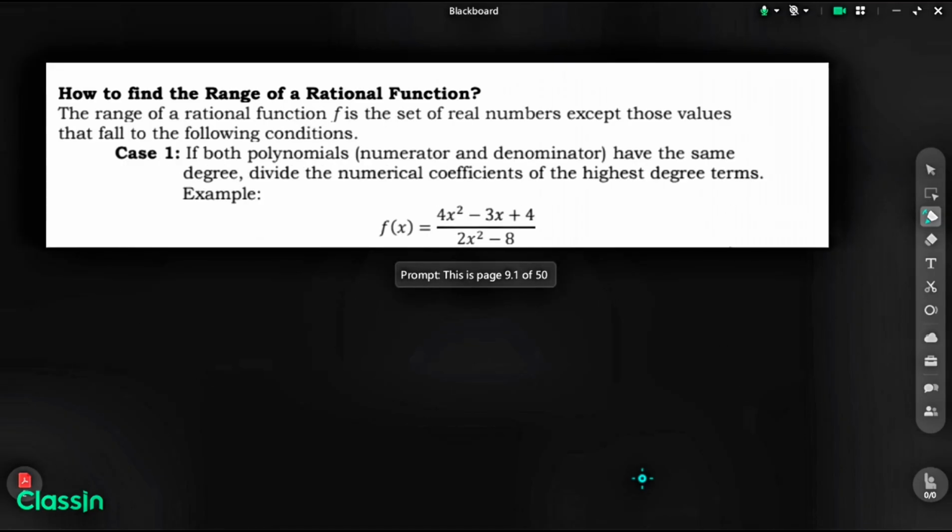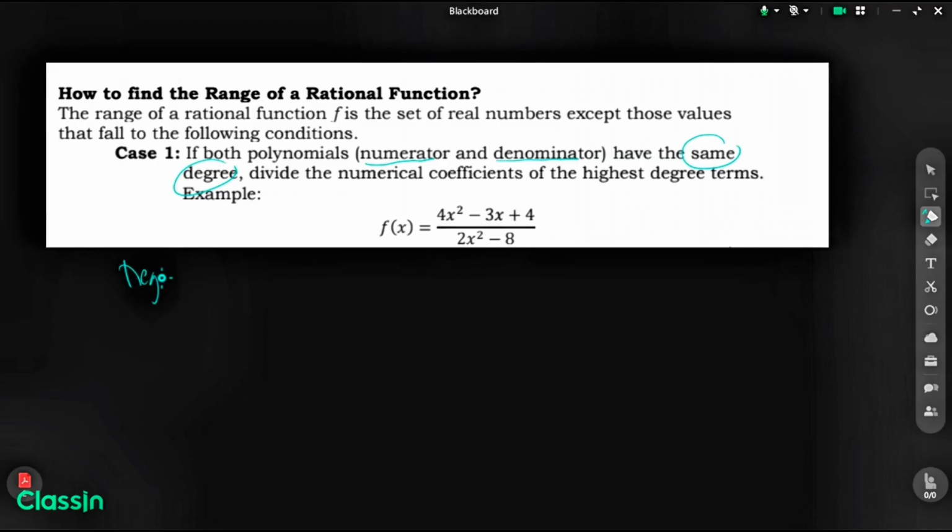What about the range? In the range, we have 3 cases. So the first case is when the numerator and denominator have the same degree. In here, what is the degree of the numerator?